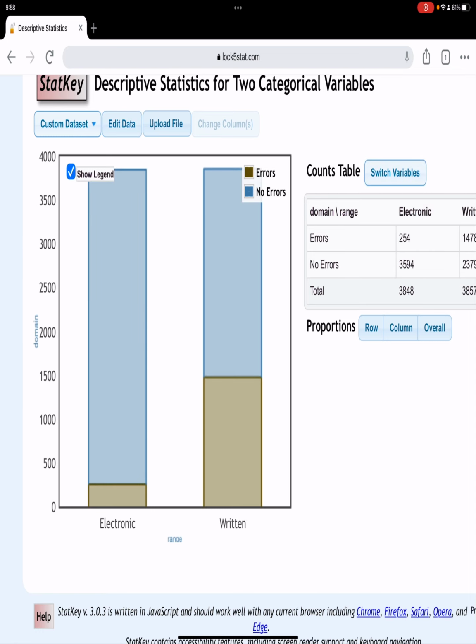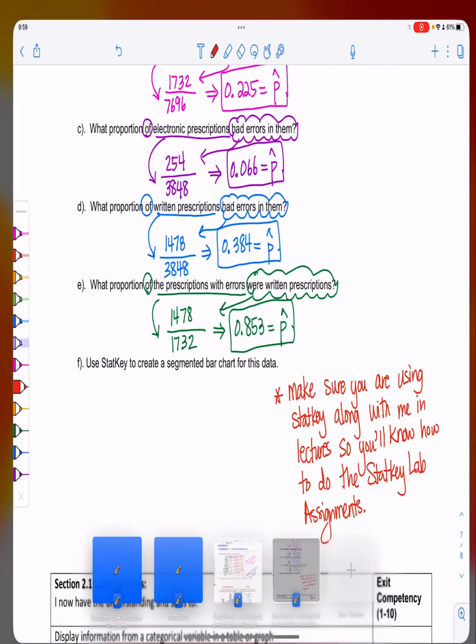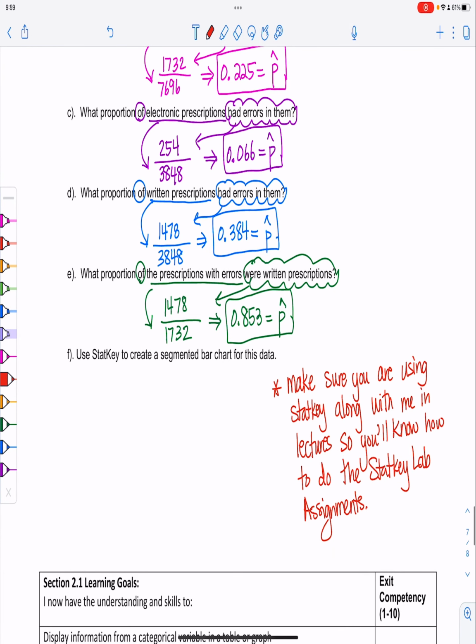Now, if we wanted to switch variables, we could also see, hey, for the electronic prescriptions, there are a lot fewer errors than there are for the written prescriptions. So you can switch the variables to change what you are looking at or how you might want to answer some other questions. Okay, so that is it for section 2.1.